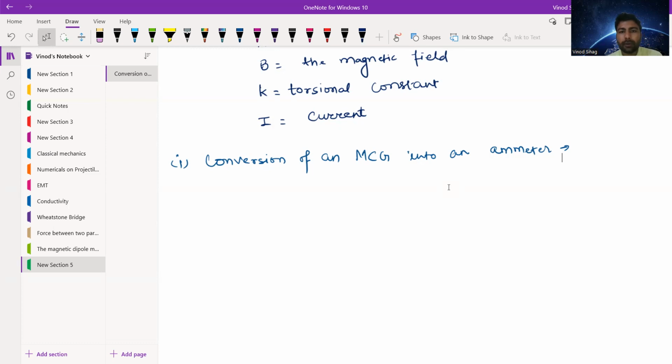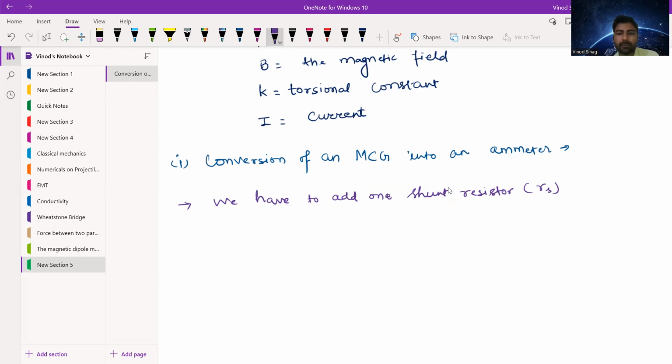Now if we want to convert the MCG into an ammeter, in the process we have to add one shunt resistor RS. A shunt resistor is a very small value resistor.